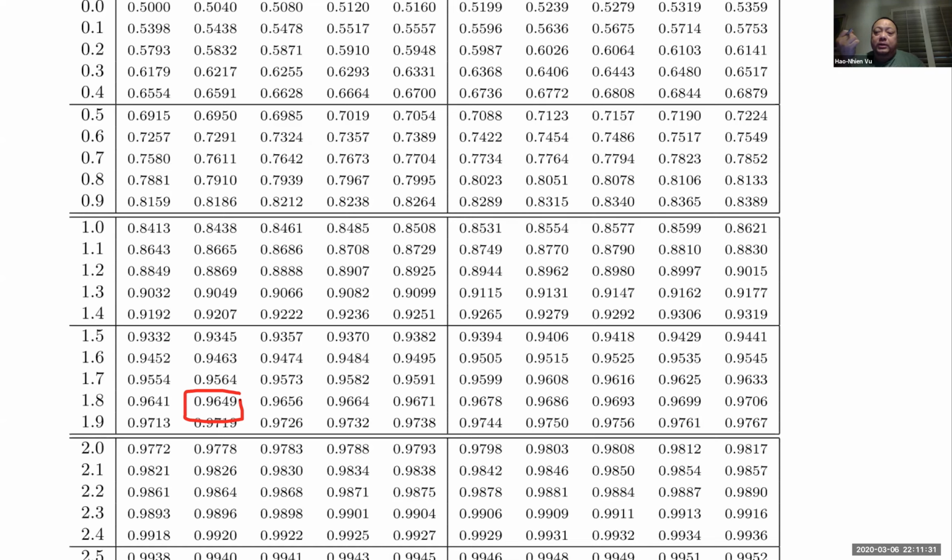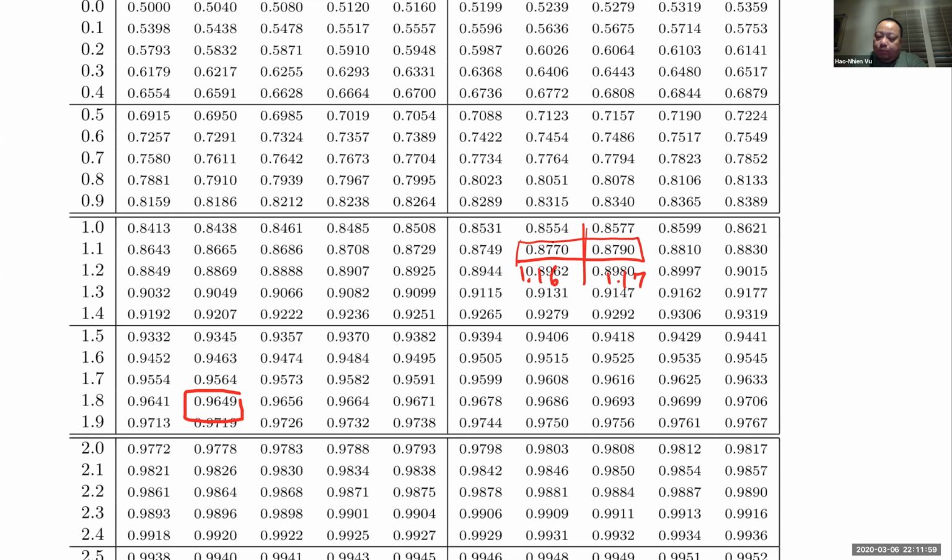If you find something that's closest, you go for that one. But if you're looking for something and you find a number that's sort of halfway in between, for example, if you're looking for 0.878 and you find two numbers, 0.877 and 0.879, then just split the difference. This one is 1.16 and this is 1.17.